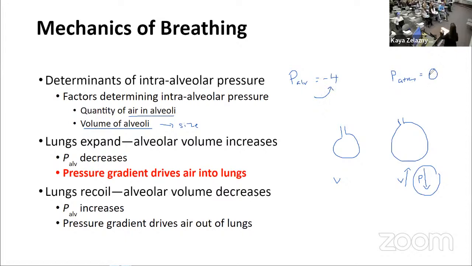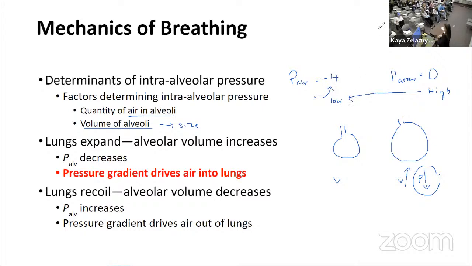Compared to our atmospheric pressure of 0, this is going to create a pressure gradient. So we have higher pressure over here and lower over here, and our air just follows that gradient. It moves from the atmosphere into the alveolus.